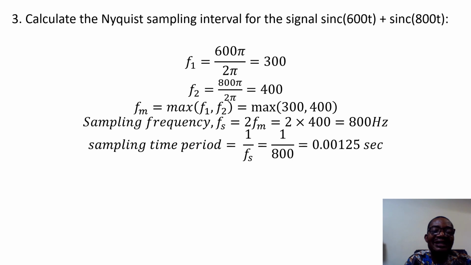Question 3. Calculate the Nyquist sampling interval for the signal cos 600πt plus sin 800πt.